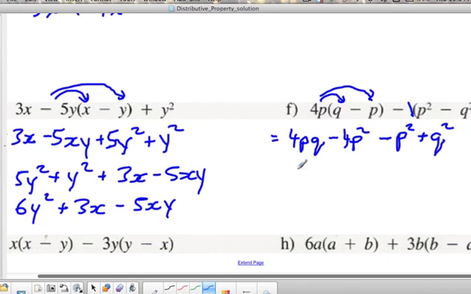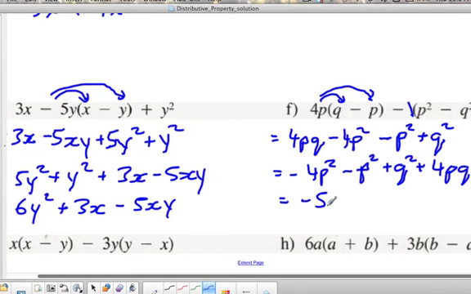So now collect like terms. Negative 4p squared minus p squared plus q squared plus 4pq all simplifies to be negative 5p squared plus q squared plus 4pq.